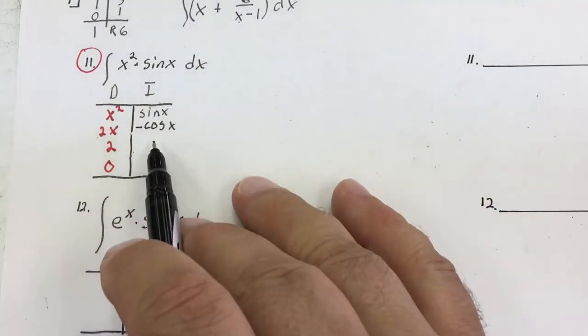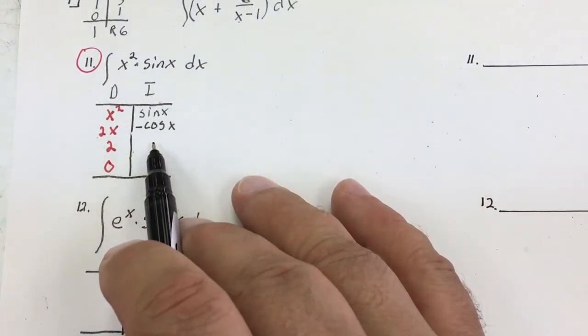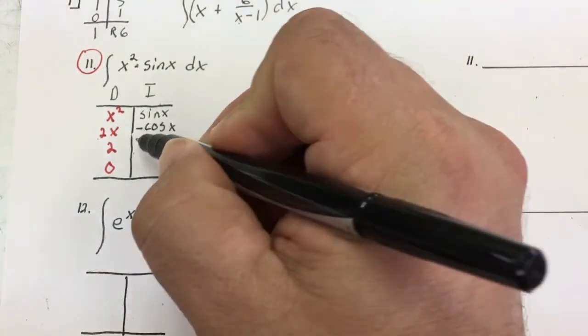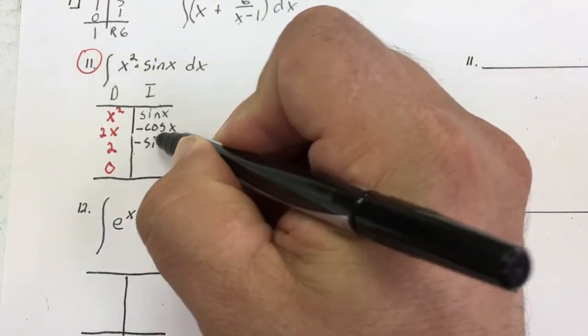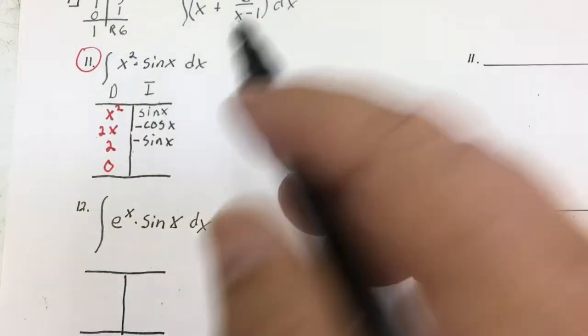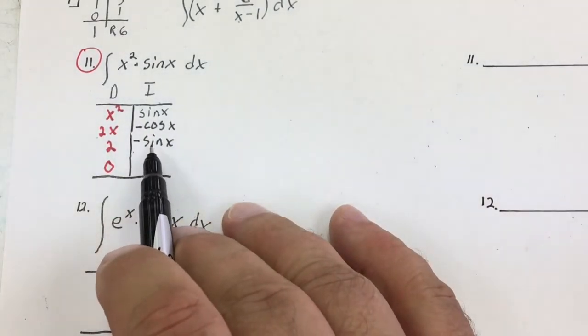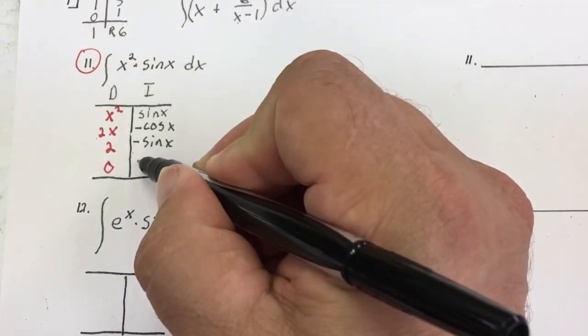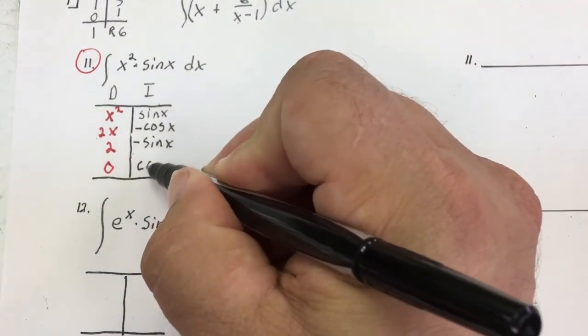Now, the antiderivative of cosine x is sine x, but the antiderivative of negative cosine x is going to be negative sine x. Now, the antiderivative of sine x is negative cosine x, so this is going to be a negative negative, so that's going to give me cosine x.